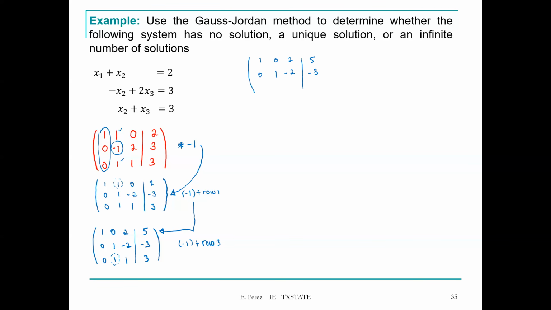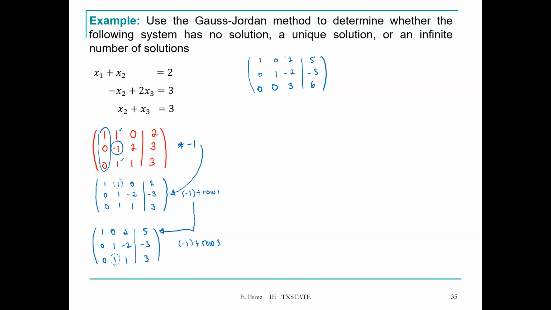So -1 times 0 plus 0, that's equal to 0. -1 times 1 is -1 plus 1, that's 0. -1 times -2 plus 1, that's equal to 3. And -1 times -3 is 3 plus 3, that is equal to 6. So we have completed that process for the second column.